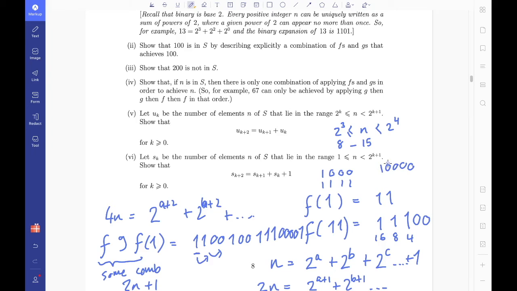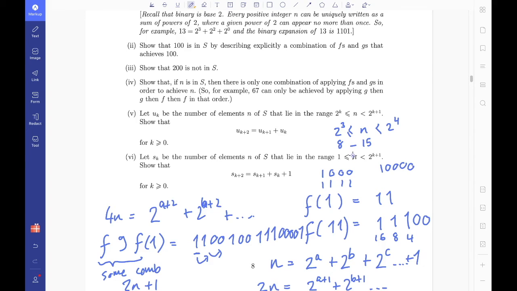So I guess the first thing to say here is that we used k equals 3, so there are k plus 1 binary digits to any one of the elements in UK. But to create binary numbers with at least one more binary digit, you would need to apply f to that.